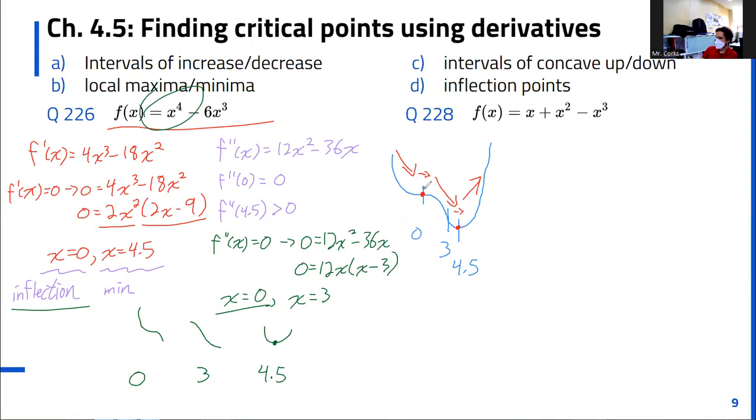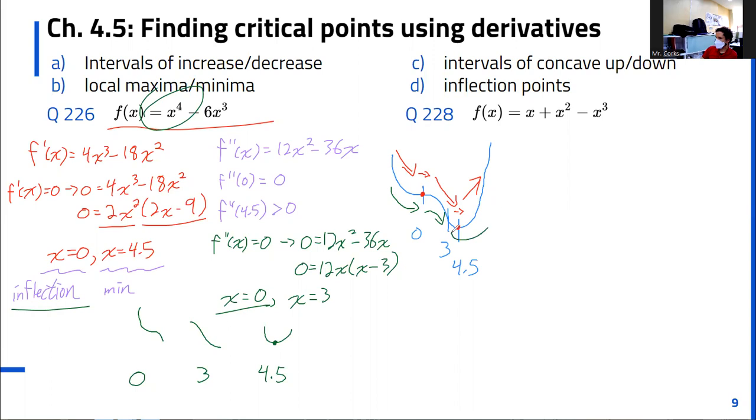Okay, so we are decreasing to 0, then decreasing from 0 to 4.5, and then increasing after 4.5. For our second derivative here, we are concave up, sort of curving up, and then we are concave down to 3.